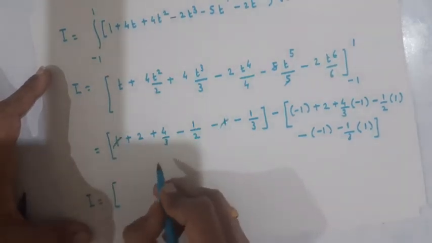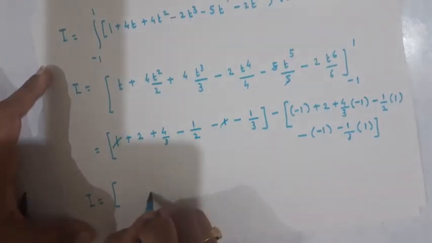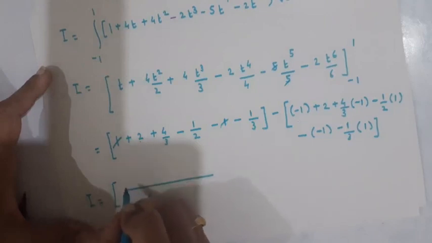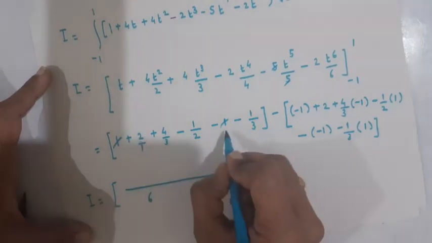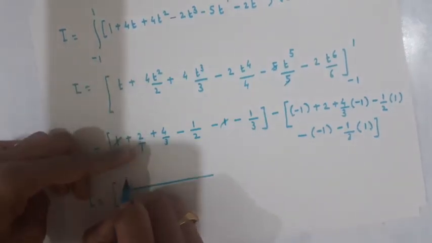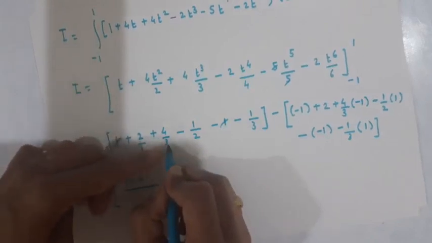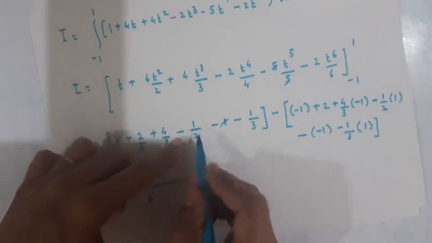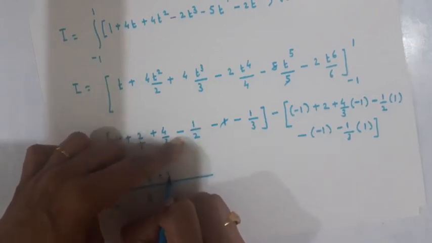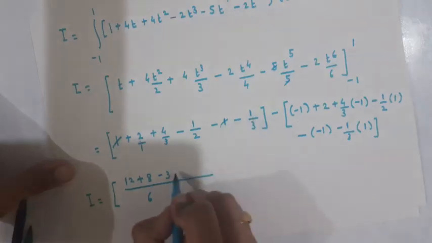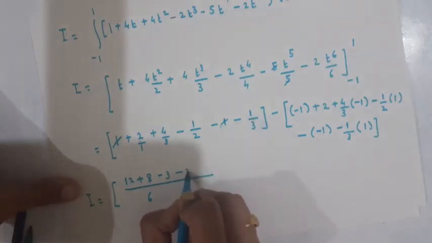Okay, here the LCM is 6, so 2 3s are 6, 6 here multiply with 6, 6 2s are 12, plus 4 into 2 is 8, minus 3 into 1 minus 3, minus 2 into 1, that is minus 2.